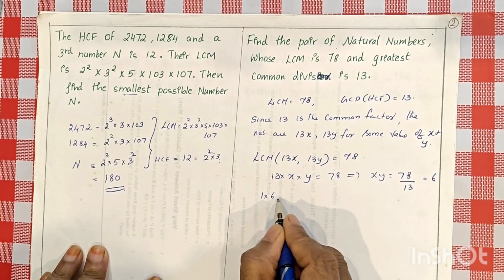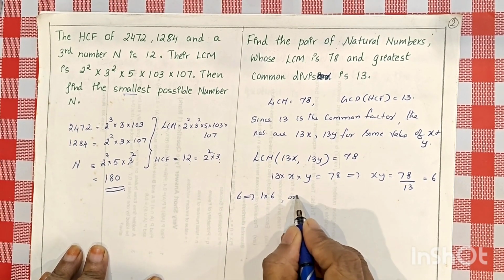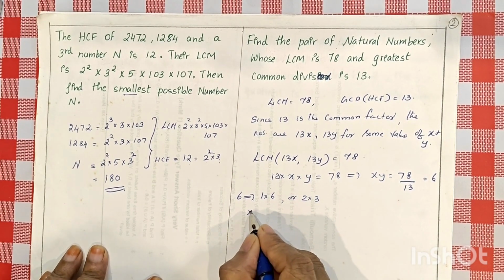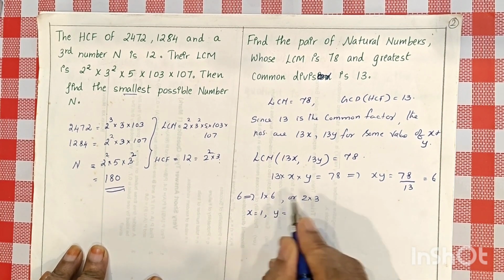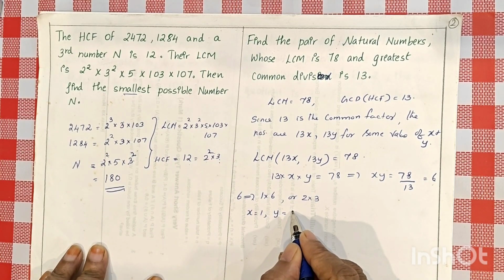You can get it as 1 into 6 or 2 into 3. Now when x is equal to 1, xy is 6, so y equal to 6.